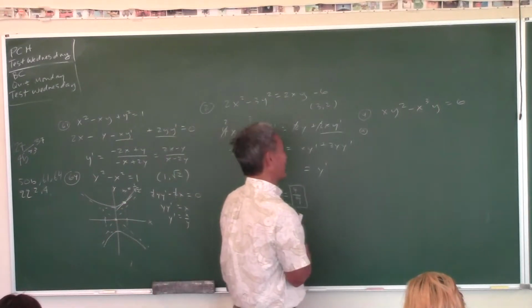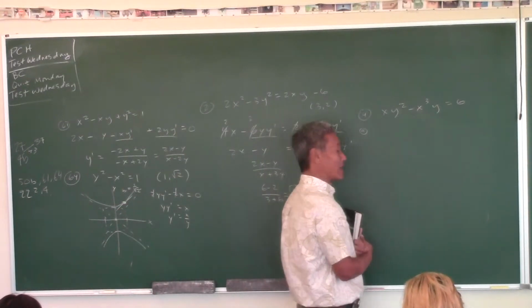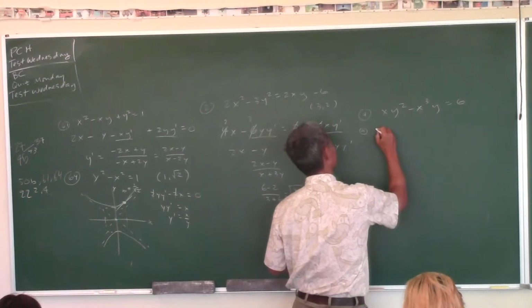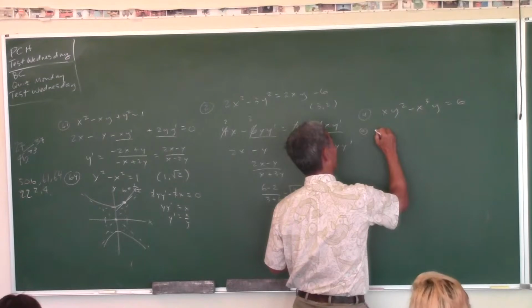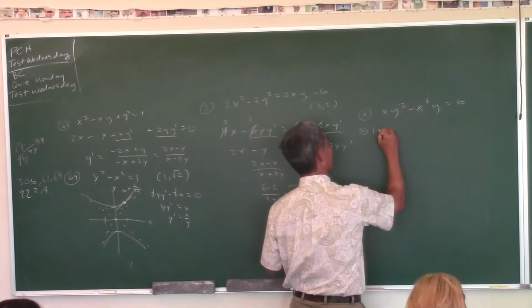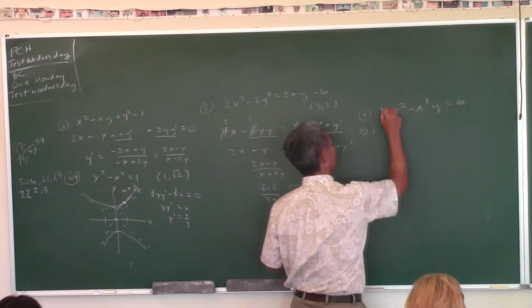3. Okay, so using implicit differentiation, I get y squared. Wait, this is a product.